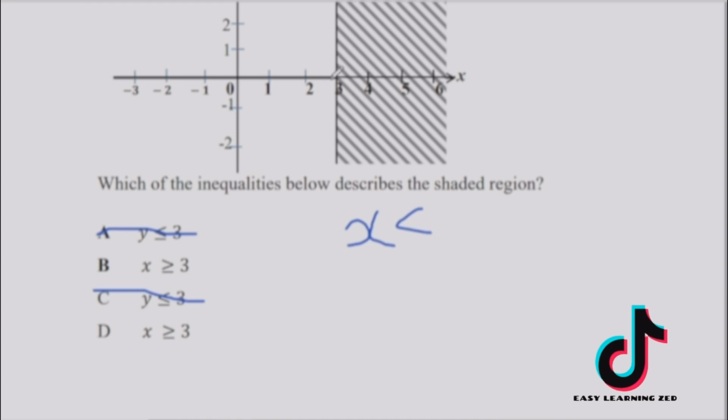The shading is starting on 3, so you can say x is greater, or sorry, what am I writing again? I'm writing less than, then I'm saying greater. Sorry, we can say x is greater than or equal to, because it's starting on 3. So x is greater than or equal to 3.